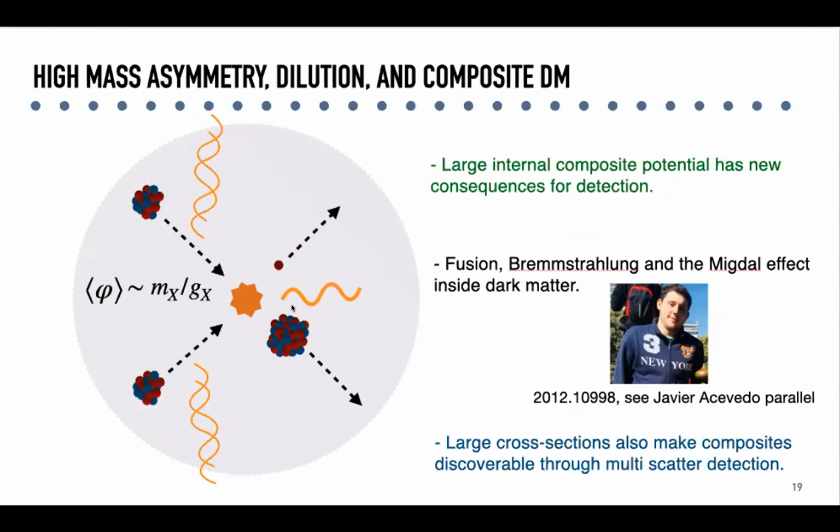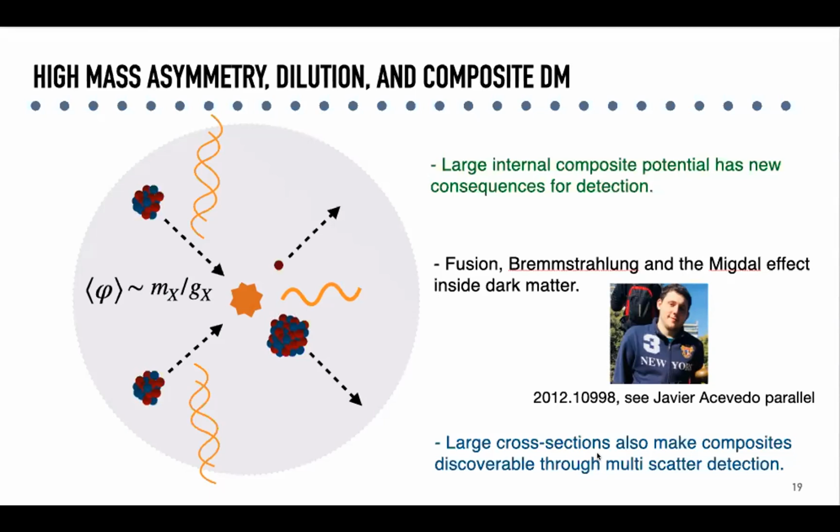It can be at levels of like 10 MeV or 100 MeV, which has really interesting consequences if you give it a very tiny coupling to nucleons. You'll get some pretty unique processes occurring inside the dark matter, including fusion, Bremsstrahlung, and the Migdal effect for even tinier couplings. And so this is something Javier Echeverria will talk about on Wednesday.